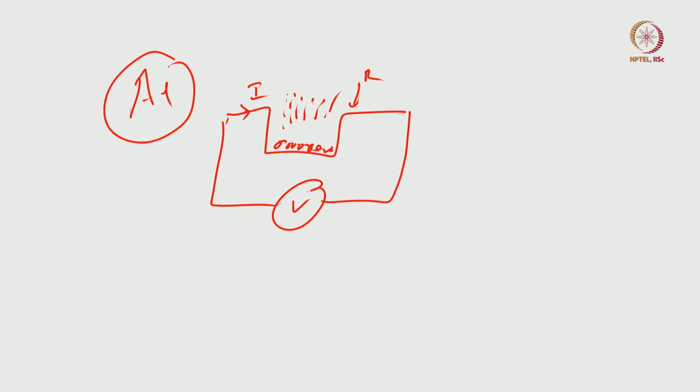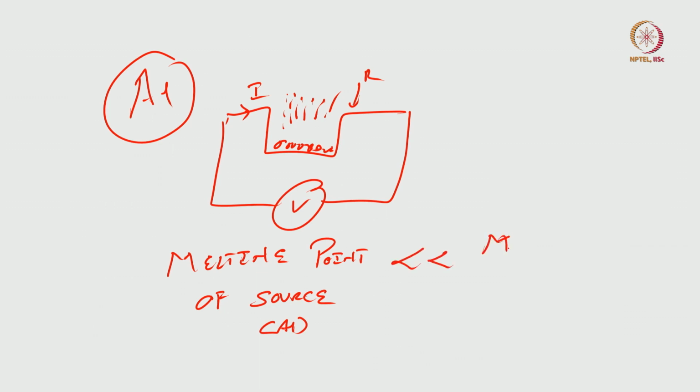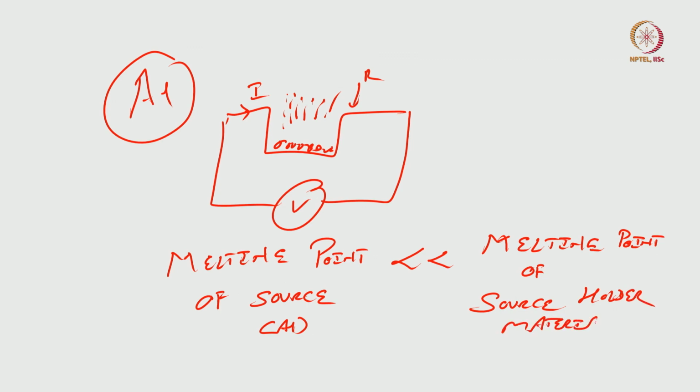The melting point of the source, in this case aluminum, should be way less than the melting point of the source holder material.